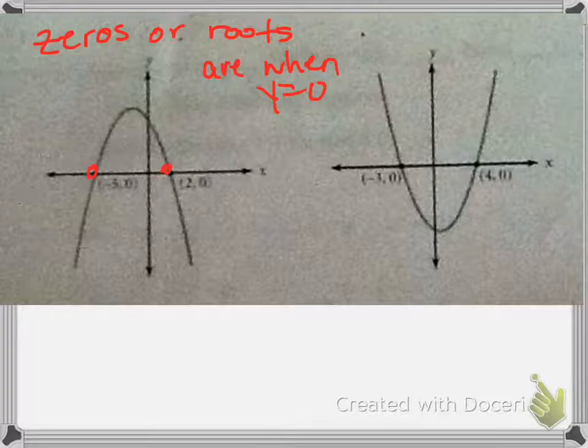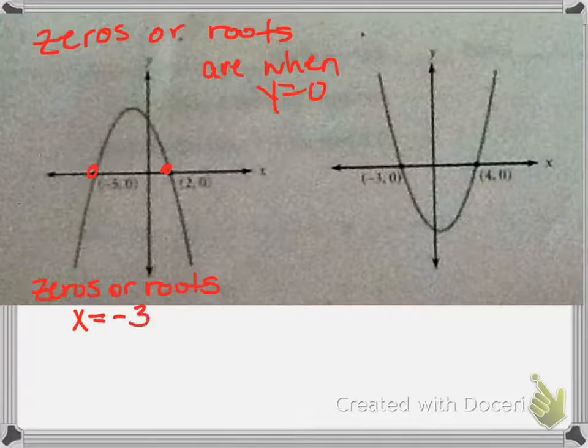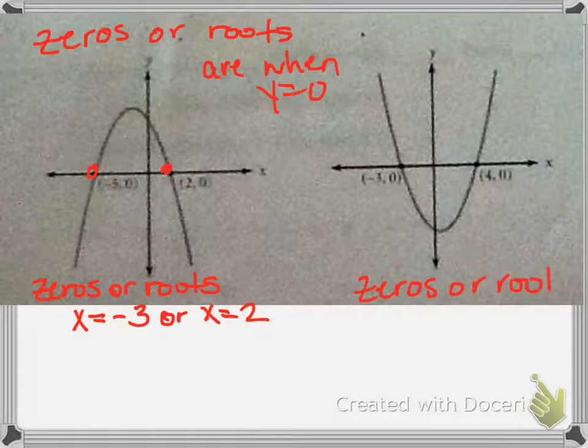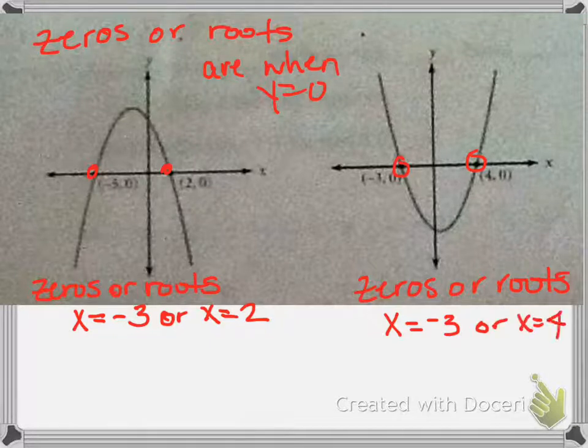So the zeros, or roots, are x equals -3 and or x equals 2. Over here, the zeros, or roots as they're known, we have here, x equals -3 or x equals 4.